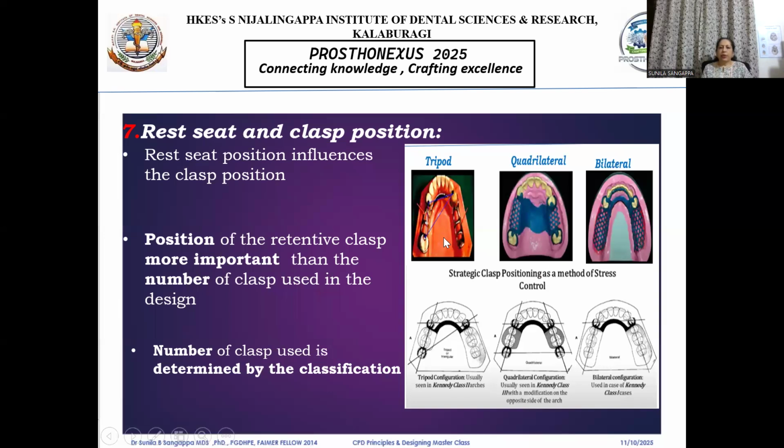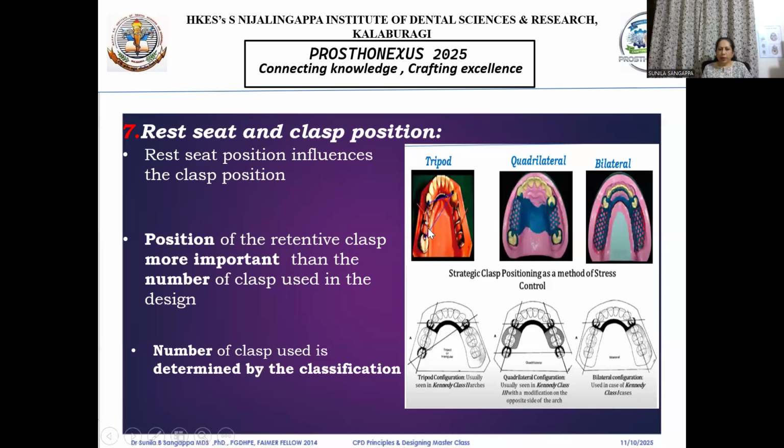Then coming to the tripod configuration. This is seen in cases of Kennedy's class 2. So we would be connecting these occlusal rests which are placed across the edentulous span and the tooth-bound side. Then we get a triangular configuration. So again here, if there is no modification space and there are teeth present, then we have no choice.